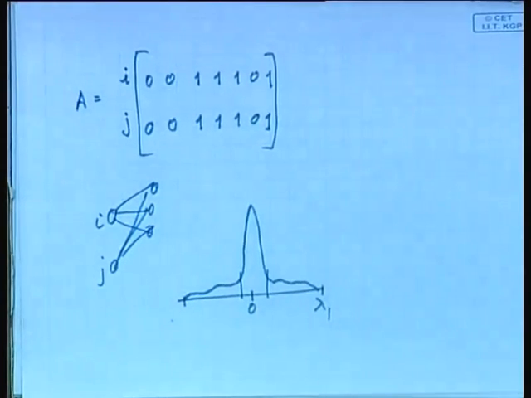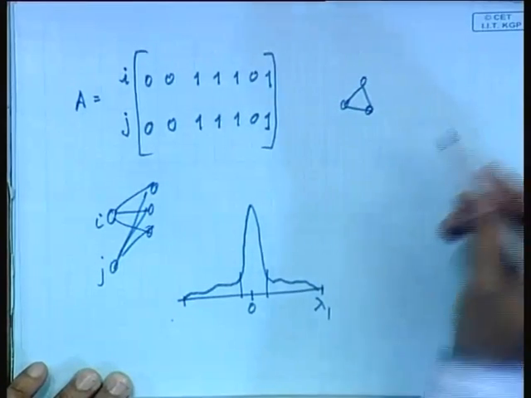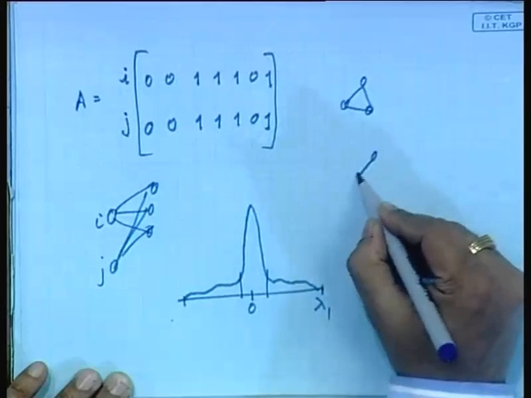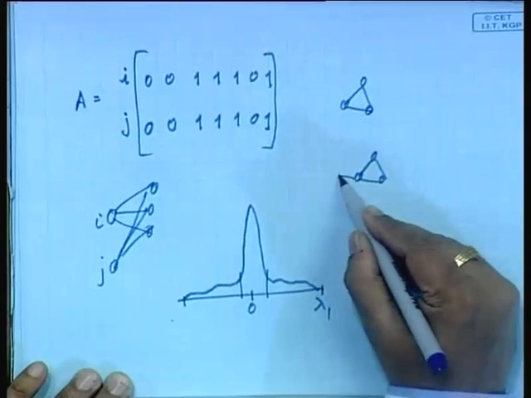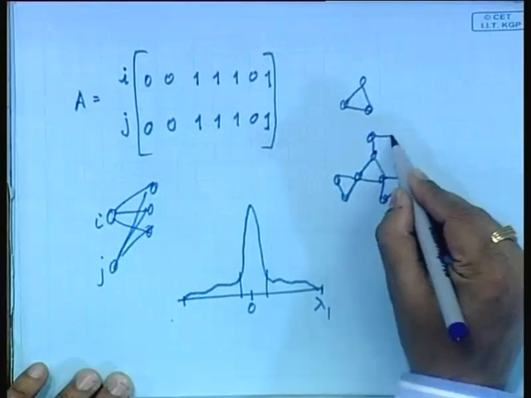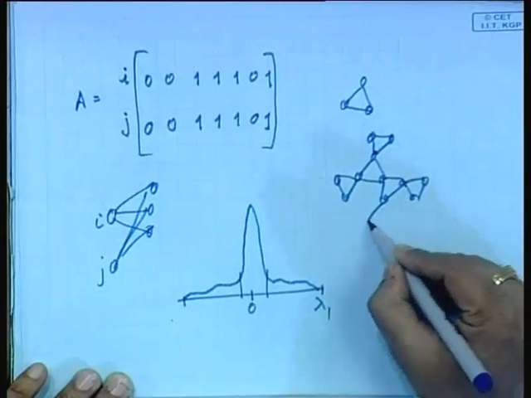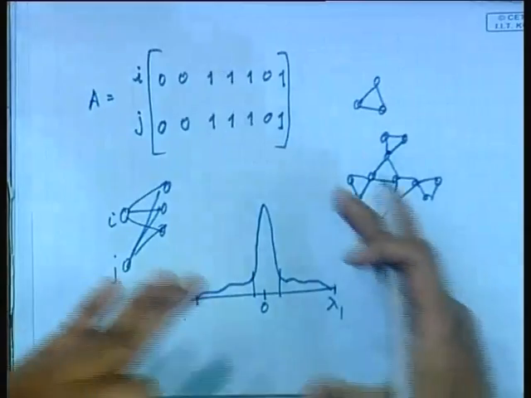What it means is there are certain prototypical structures, subgraphs of the network, and the whole network is constructed by duplicating these structures. I can show you just one simple example. Suppose this is a subgraph, and I make a graph where I duplicate this, and I can just continue doing this and so on, and I can build.